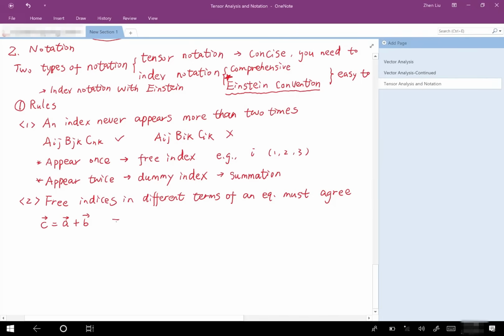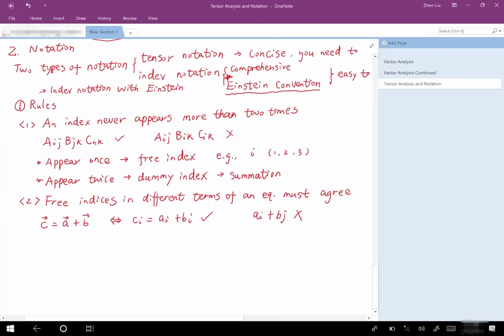So if we use the index notation with the Einstein summation, it's just Ci equals Ai plus Bi. This one is good. And we can never have something like Ai plus Bj. This one does not work, does not mean anything in this convention.